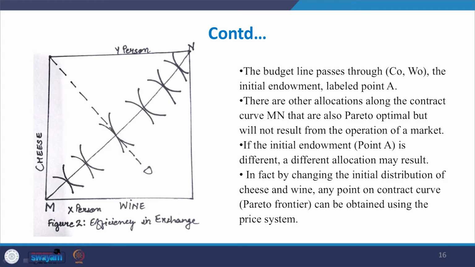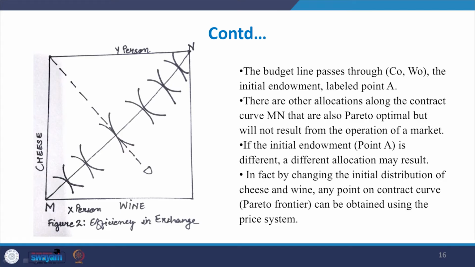So, here AD is the price line, which is determined on the basis of how much money is spent on the two products and the price of cheese and wine. This budget line has a negative slope and is tangent to the indifference curves of both X and Y, and therefore three conditions are met at the equilibrium point.